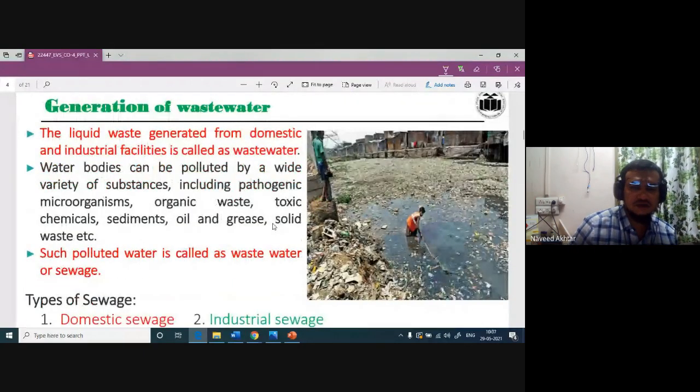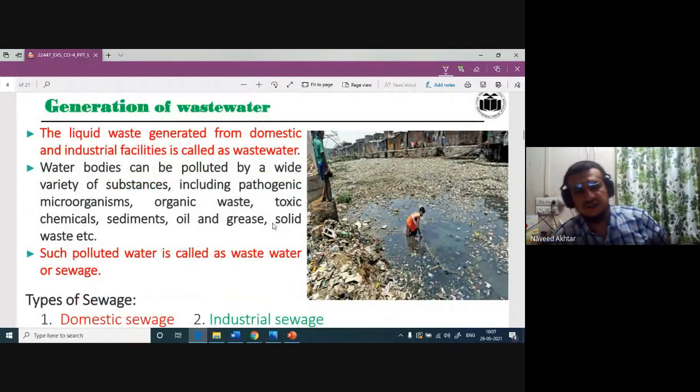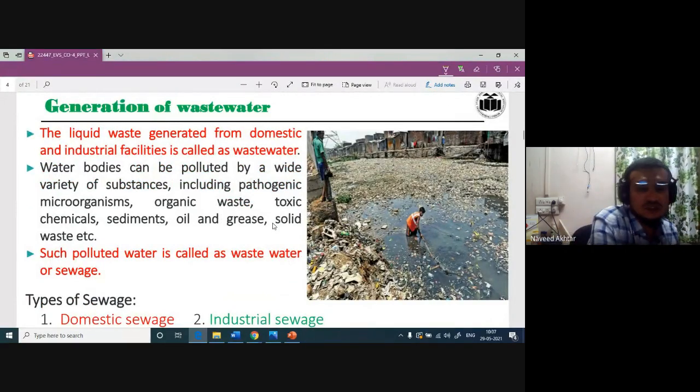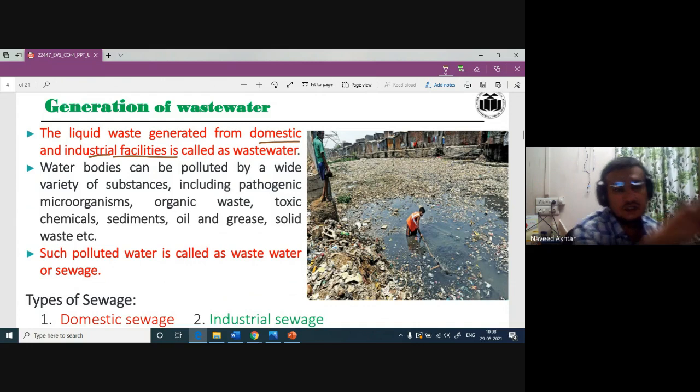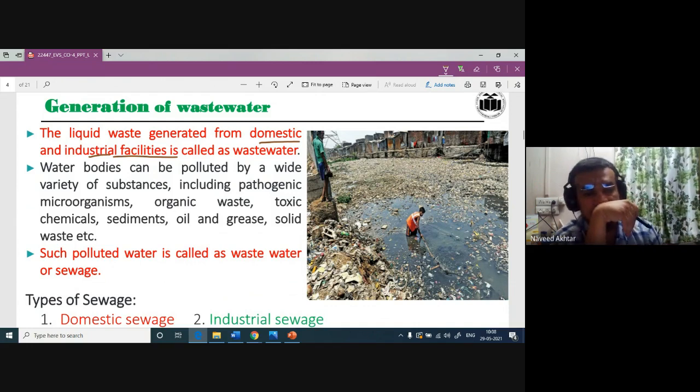So you can see the generation of wastewater: the liquid waste generated from our domestic use, from the kitchen, or from our daily use, and from industrial facilities, is called wastewater.